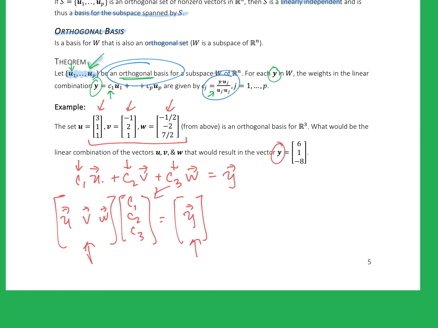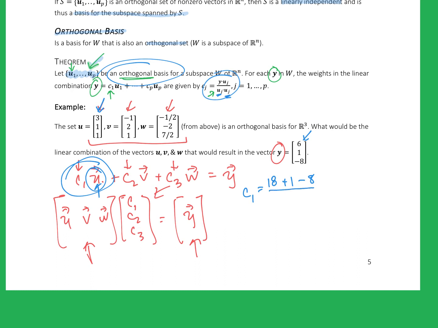But here we go. So our C1 constant, we can find that by taking the dot product of y with our first vector, u, because we're finding C1. So the dot product of y and u is 6 times 3 is 18, plus 1 minus 8. So that should give us 11.